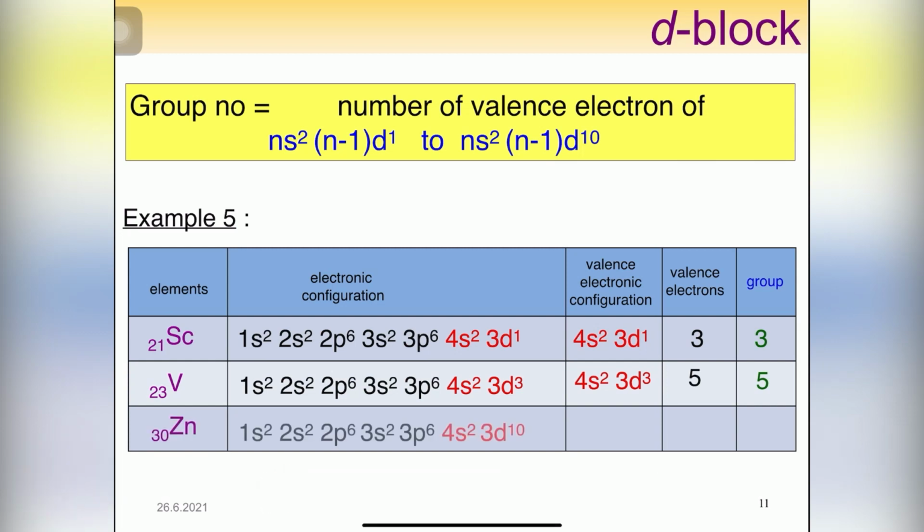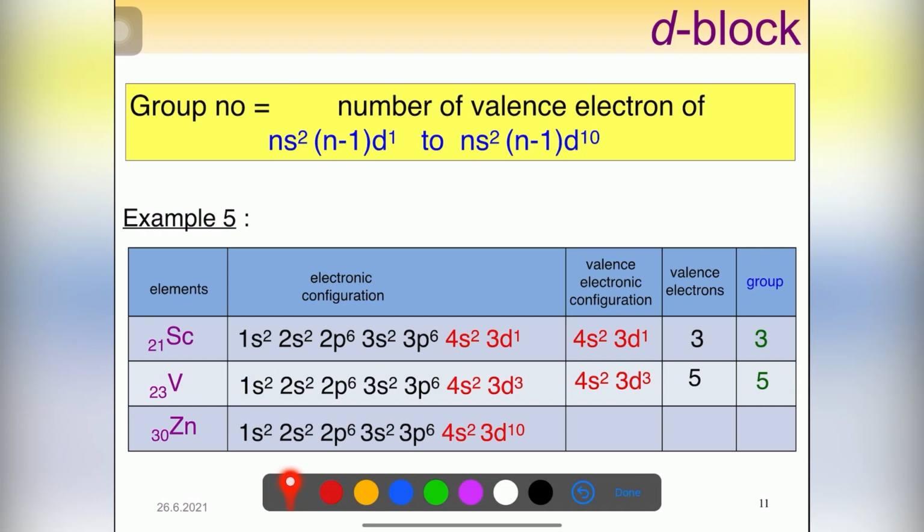Zinc. This is the electronic configuration for zinc: 4s2 3d10. Here the d orbital is full, because the last group for the elements in the transition metals has 12 valence electrons. The electrons occupy orbitals 4s and 3d, full in both.